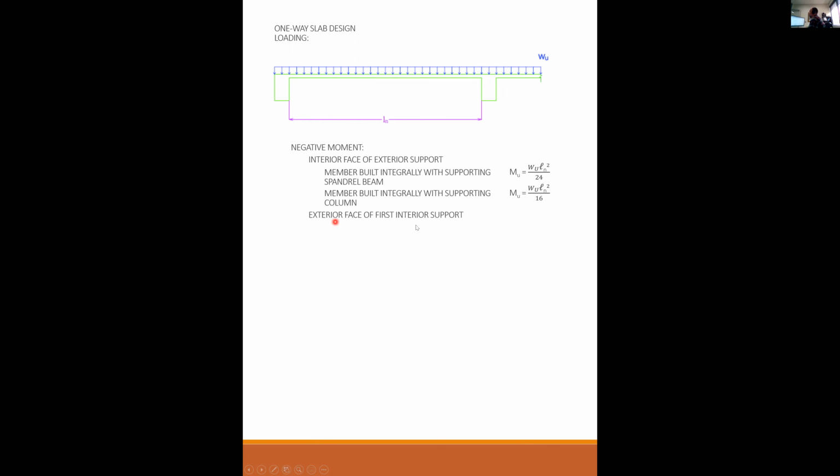But now, different location. Exterior face of first interior support is right here. If I have two spans, it's WL squared over 9. If I have more than two spans, it's WL squared over 10. So you just have to look at positive moment, negative moment.